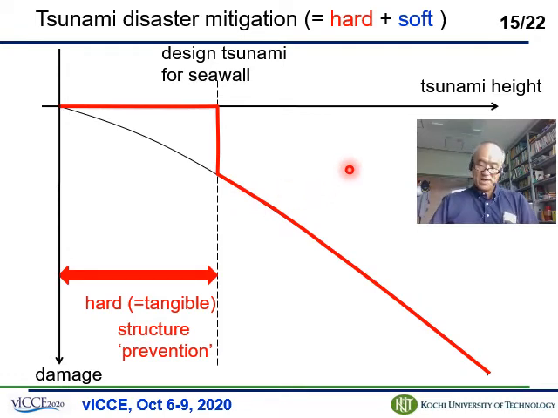However, tsunami heights are highly variable, as I showed for the case of Iwate, so we have to combine the hard countermeasure with the soft countermeasure.